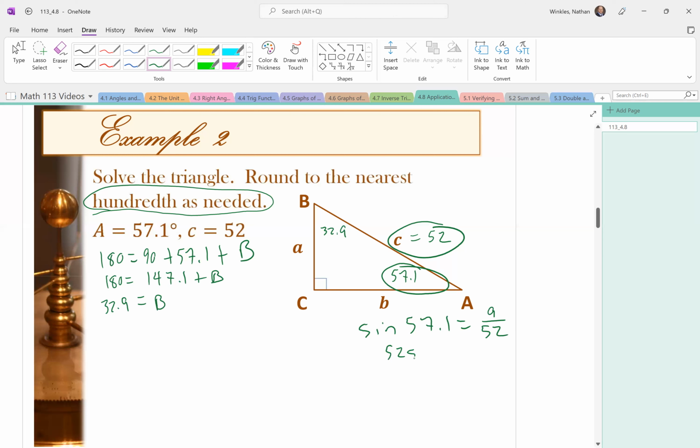So 52 sine 57.1 is equal to little a. So little a is equal to 52 sine 57.1. So this is going to be 43.66.